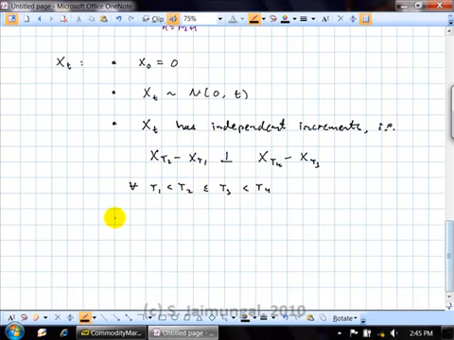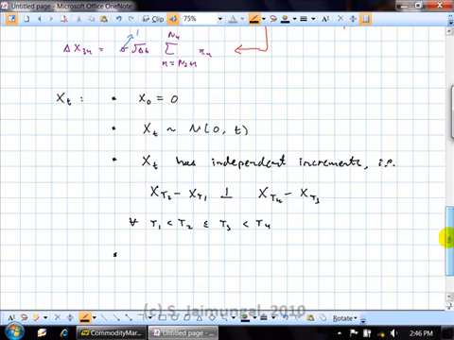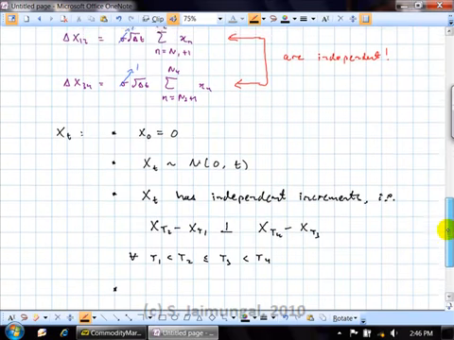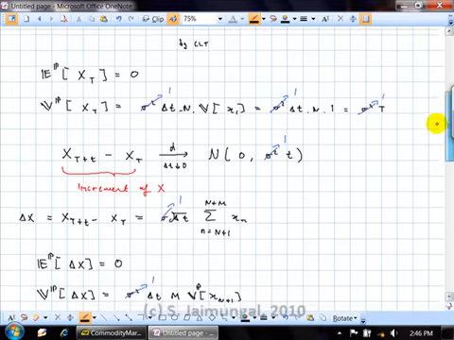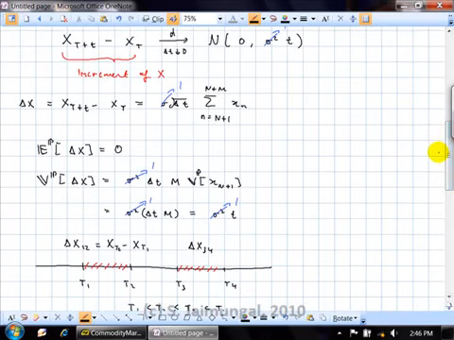We also have another property. We did the computation, but we really didn't emphasize it. Let me go back and emphasize it now. When we looked at the increment of x at the very top here, x capital T plus little t minus x capital T, that's the difference between x at two points in time. And that distribution does not depend on where you start. It does not depend on capital T in this particular calculation.